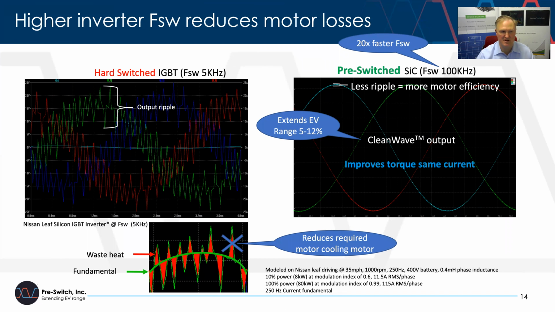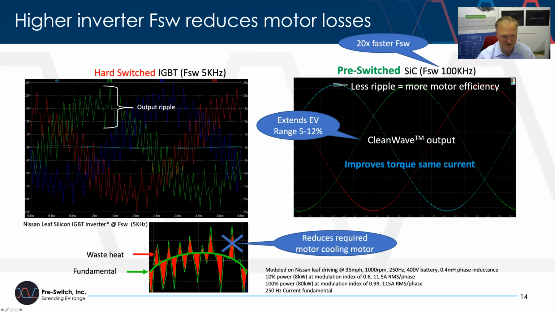Next, I want to talk a little bit about how higher switching frequencies can get you a cleaner output into the motor. On the left, we'll start off by looking at a Nissan Leaf inverter. This is running at 5 kilohertz, and you can see there's a big swing between the upper and lower of the current waveforms. Now, these current waveforms that are outside the fundamental do nothing more than heat the motor and don't provide any useful work or torque.